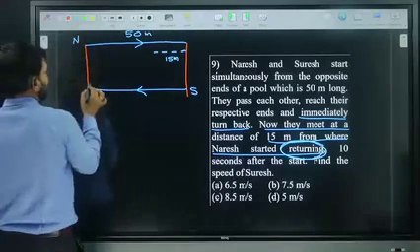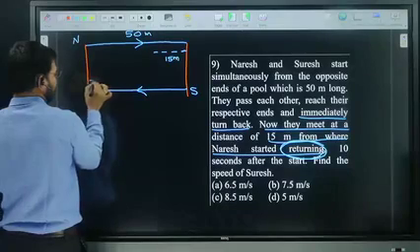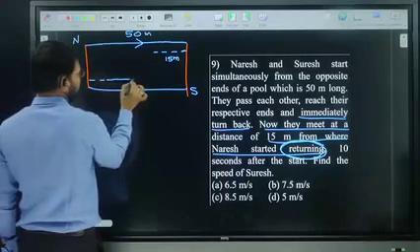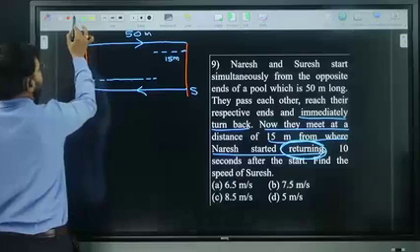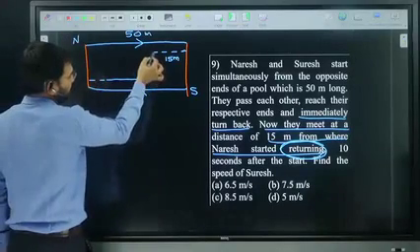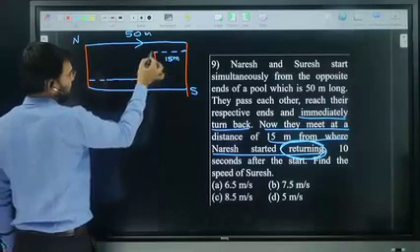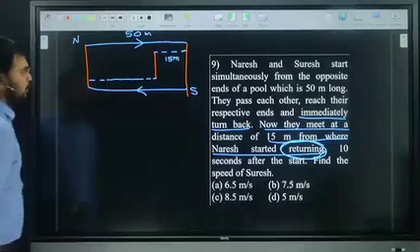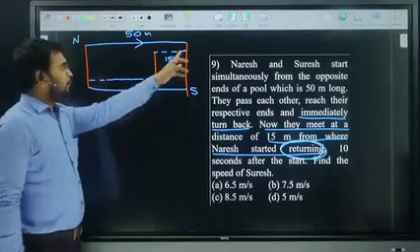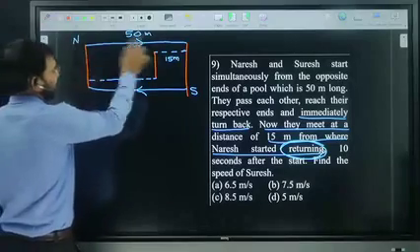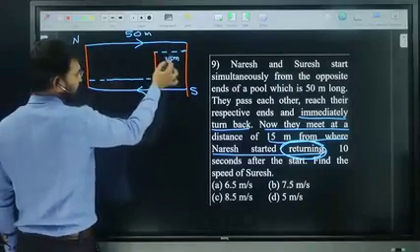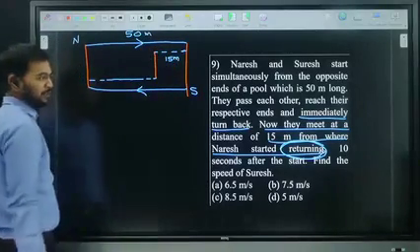Suresh is returning from here now. This is the crossing point, 15 meters from where Naresh started returning. Therefore, Naresh covered this 50 meters and this 15 meters. Total Naresh covered 65 meters.